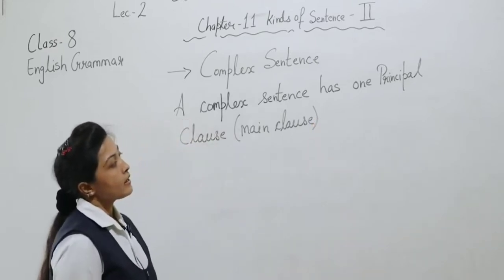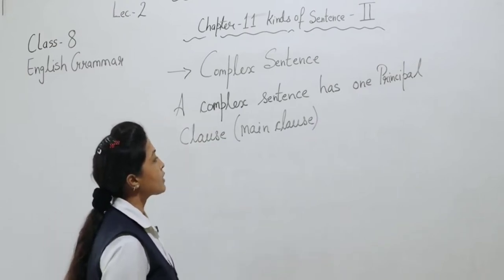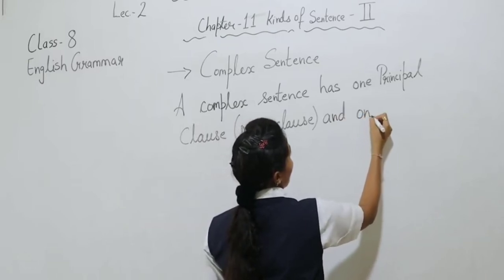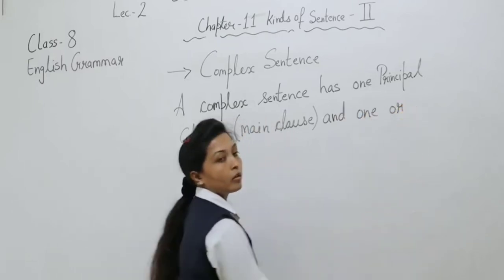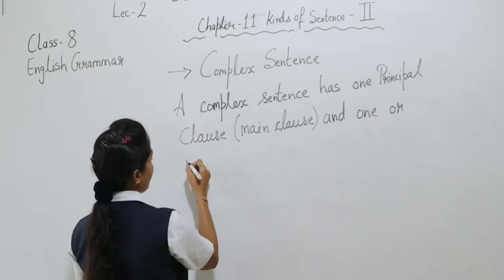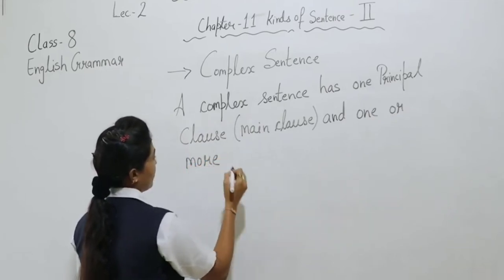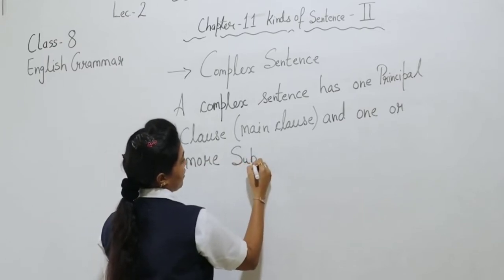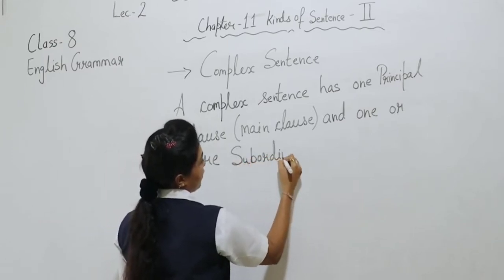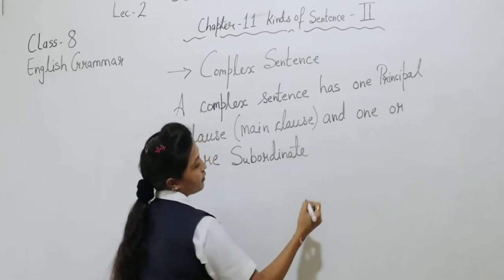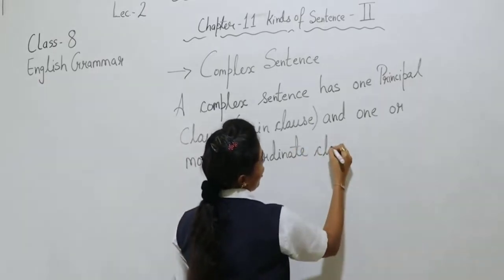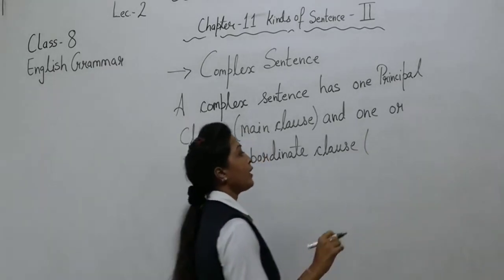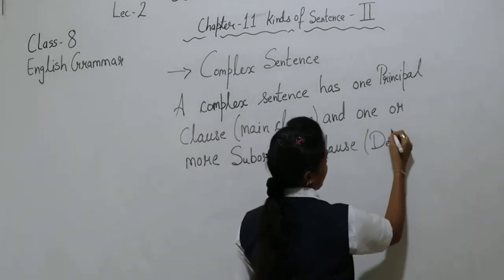A complex sentence has one principal clause, that is the main clause, and one or more subordinate clauses, that is dependent clauses.